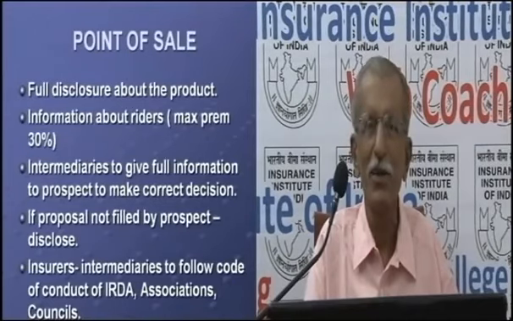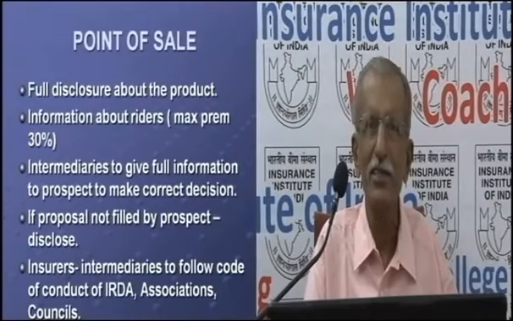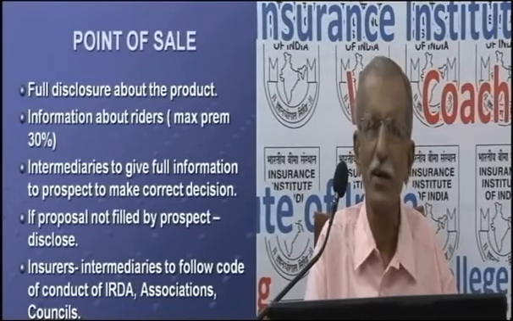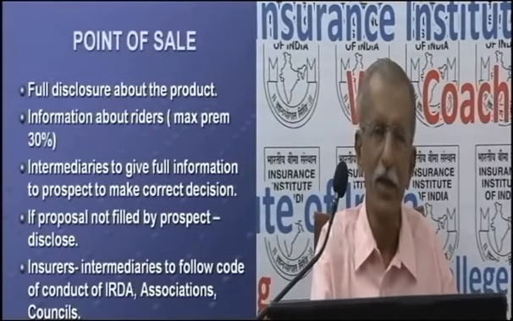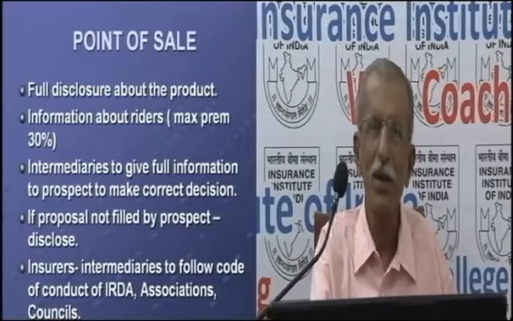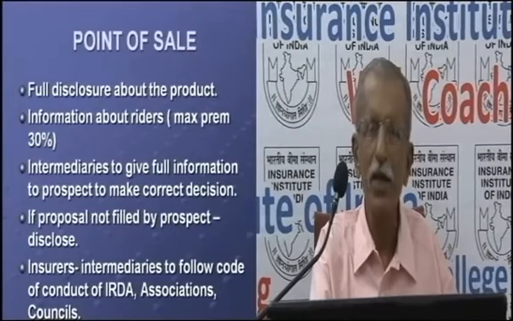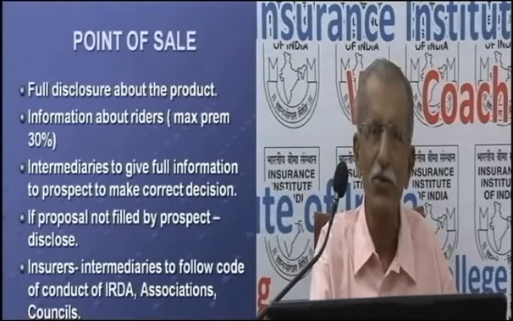As far as insurance companies are concerned, they have to follow the Life Insurance Council's guidelines or code of conduct, or the General Insurance Council's guidelines or code of conduct, whatever is applicable. So prior to sale, there should be proper information to the client and full transparency, and very important, following the principle of utmost good faith.